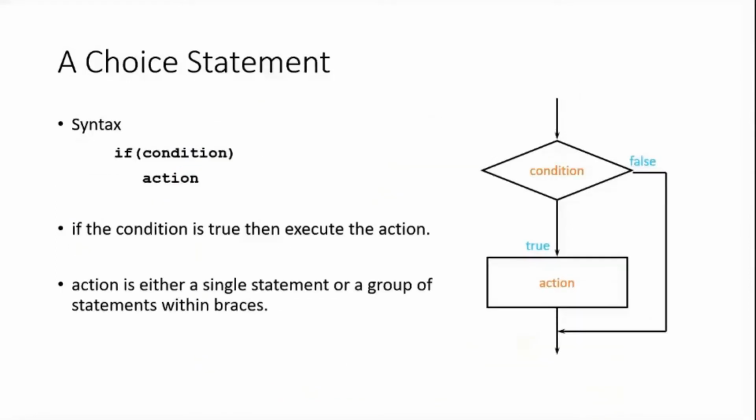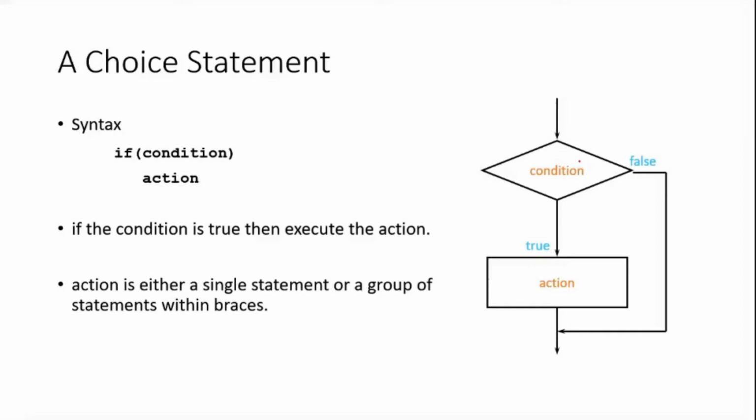In a condition, we are checking whether a specific variable has a specific value, or whether that value is less than or greater than a specific value, and so on. That condition can be anything. In most cases, that is it.